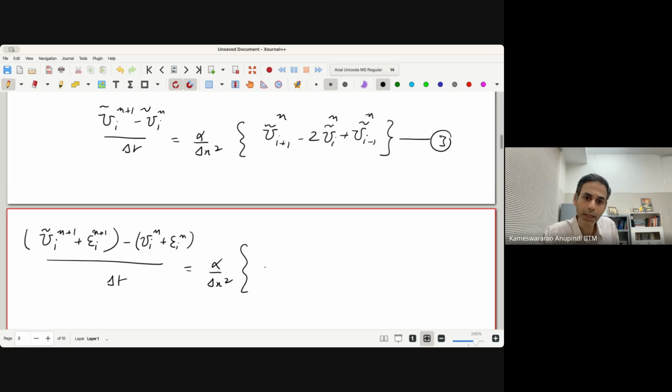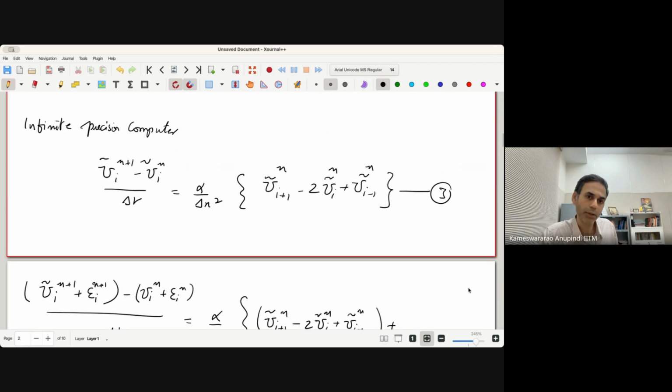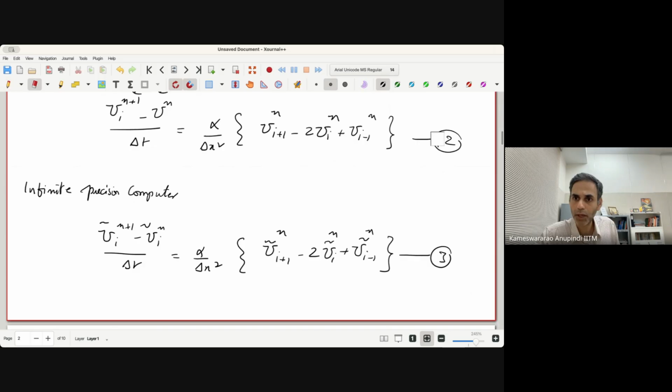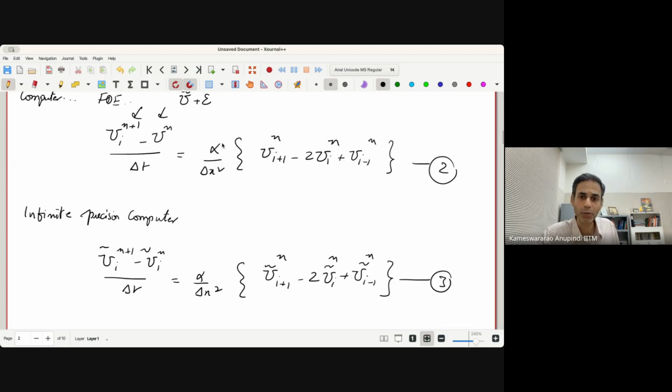On the right hand side, I get u tilde I plus 1 at n, minus 2 u tilde I n, plus u tilde I minus 1, all of them at n, and then plus epsilon I plus 1 minus 2 epsilon I plus epsilon I minus 1, all of them at time level n. Let's call this equation 4. I have just substituted u equals u tilde plus epsilon in equation 2, which gave me equation number 4.